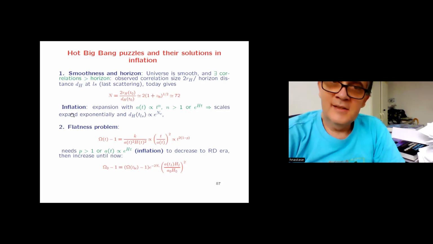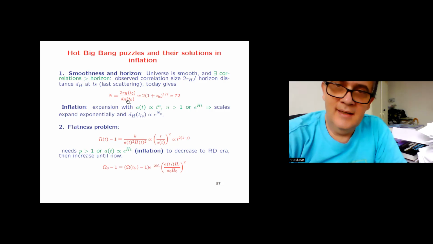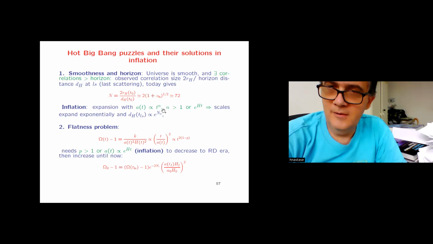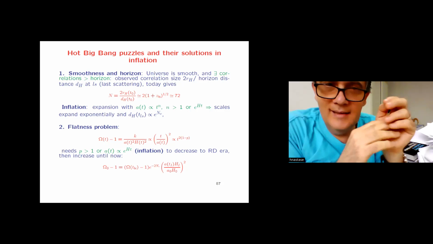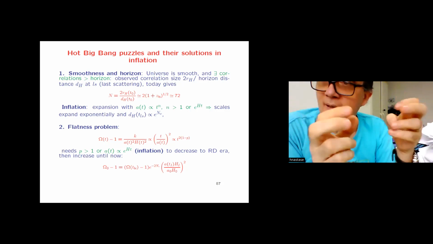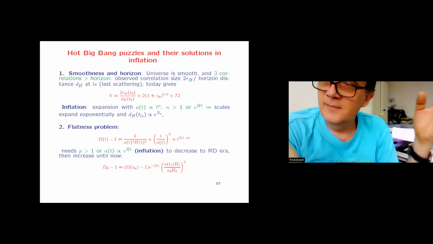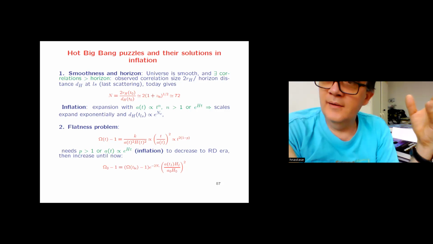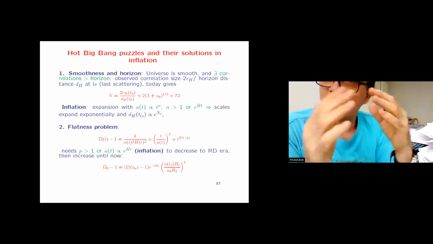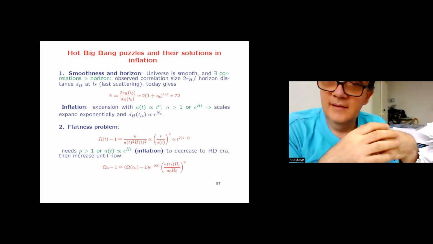And inflation solves that by saying that there's an expansion, which is either exponential or with a power greater than 1, which means that scales expand exponentially and they get outside the horizon. Scale gets outside the horizon during inflation. And then during usual radiation-dominated cosmology, usual cosmology with n less than 1, they get back inside the horizon.